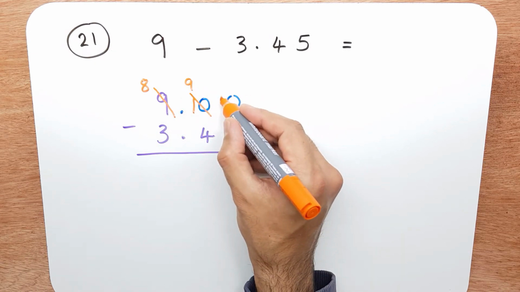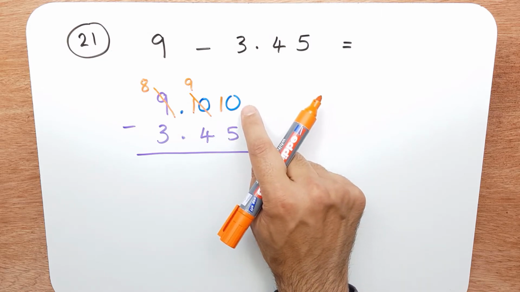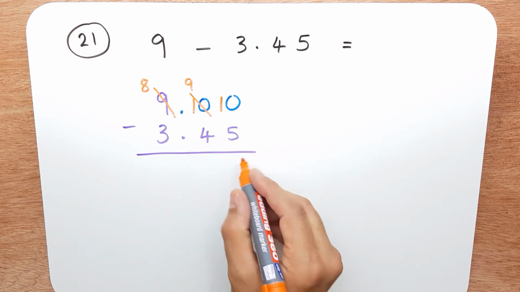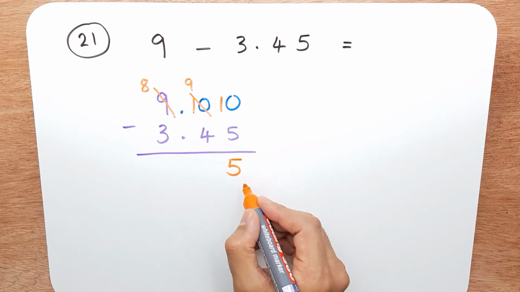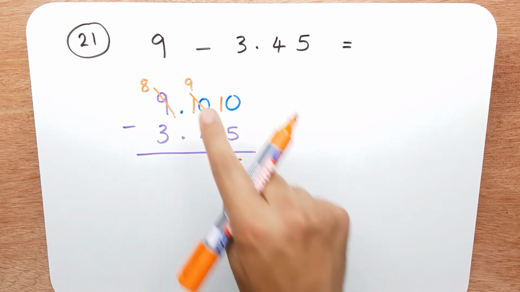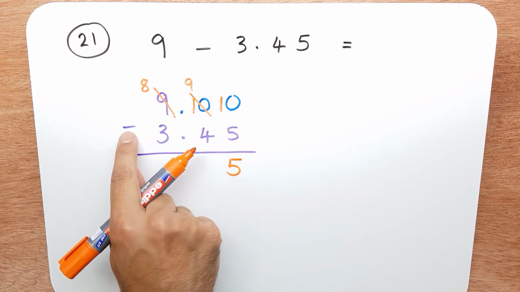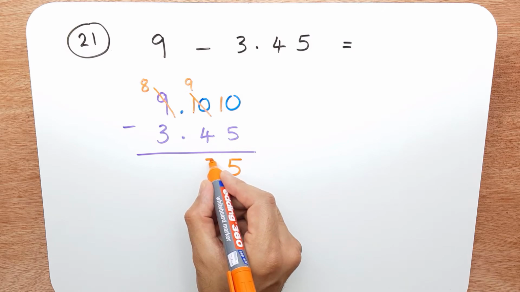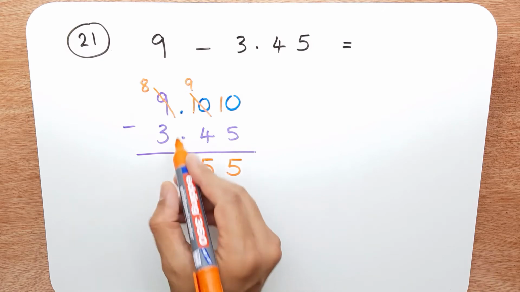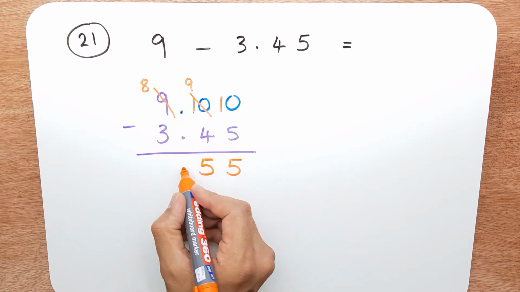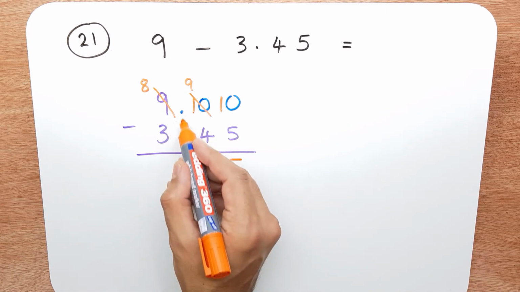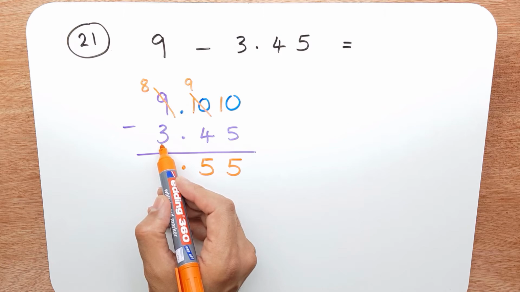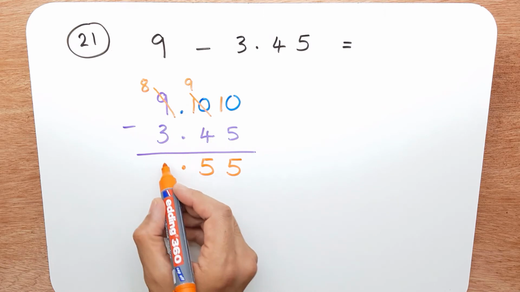And this 0 becomes 10. Now we have 10 take away 5, which is 5. 9 take away 4, which is 5. Now be careful with these decimal points. Line them up. 8 take away 3, which is 5.